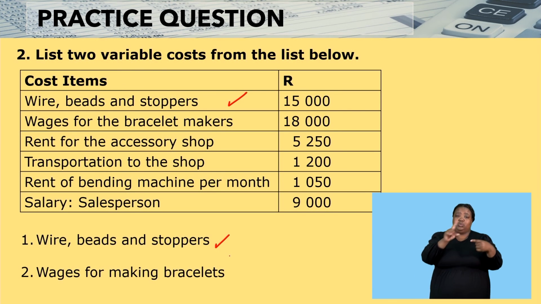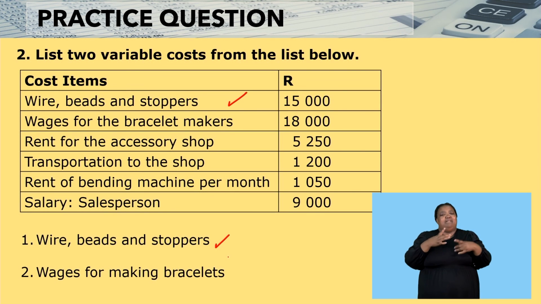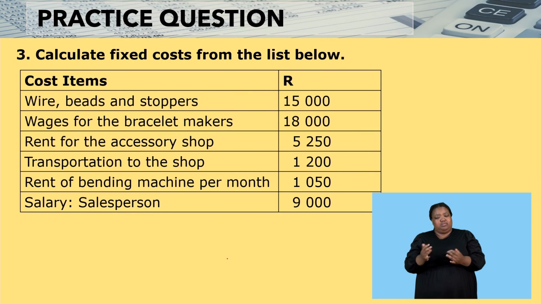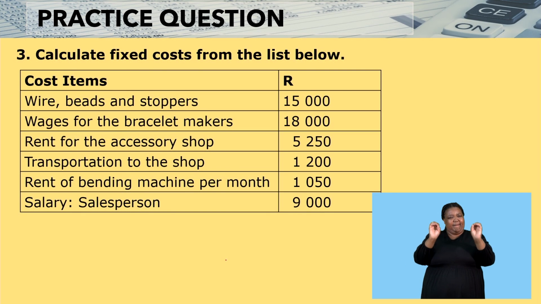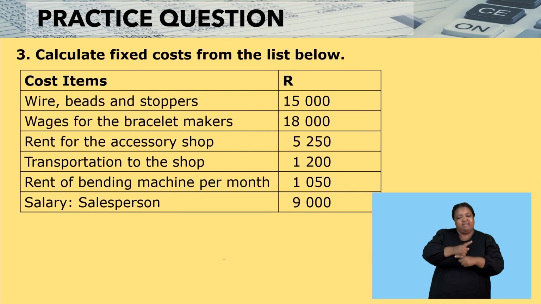So far we've answered question 1 and question 2. Question 1 wanted us to list the fixed costs. Question 2 wanted us to list the variable costs. Let's see question 3. Question 3 says, calculate the fixed cost from the list below.